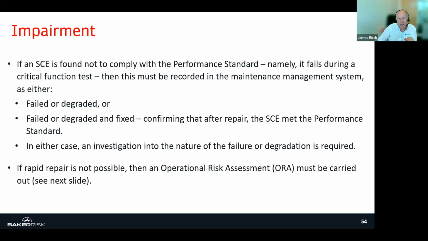If we can't carry out that repair, how do we make an assessment of what to do? That is described as operational risk assessment. And that really is the main area I want to focus on in this section, because it can be one of the hardest decisions to make and yet one of the most important.